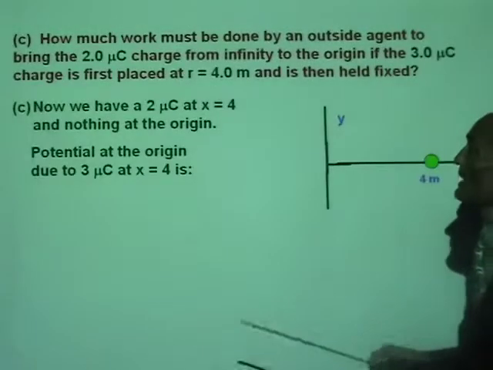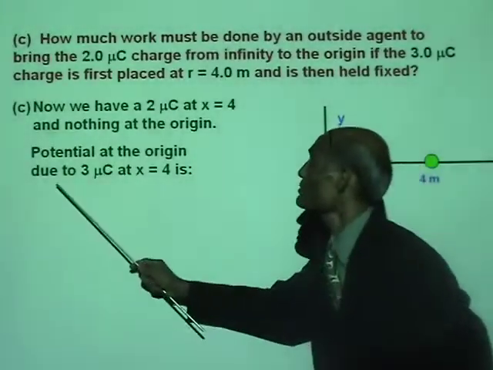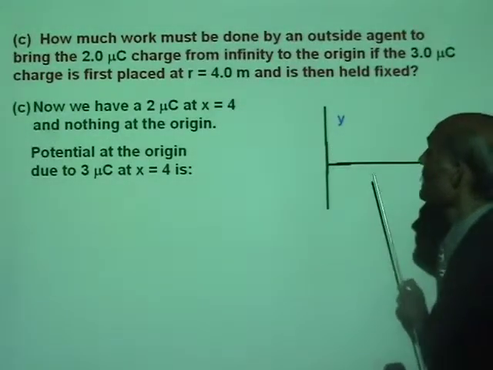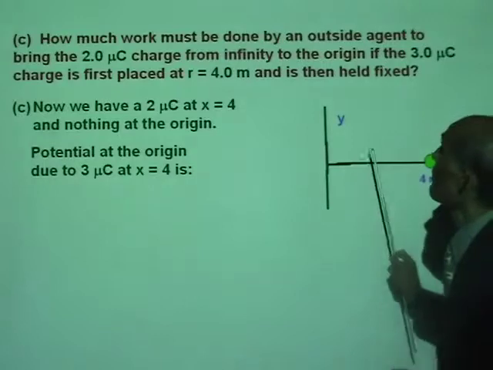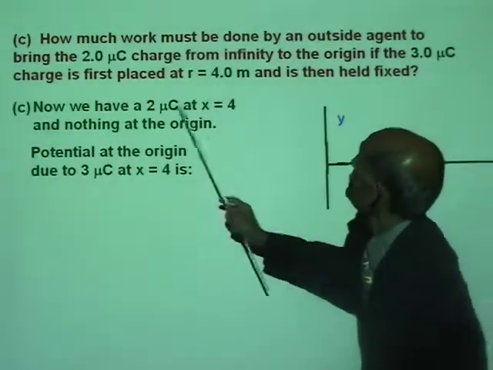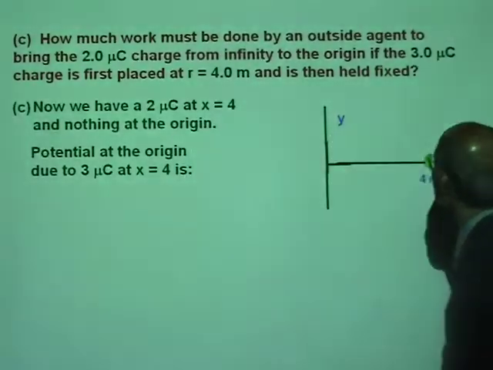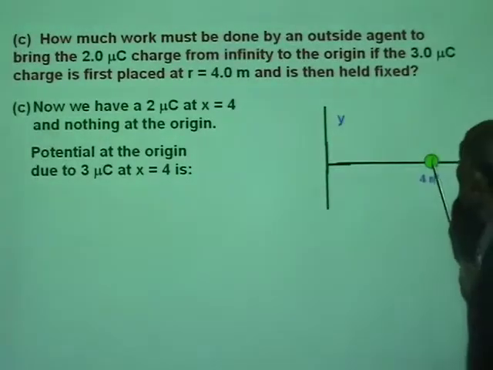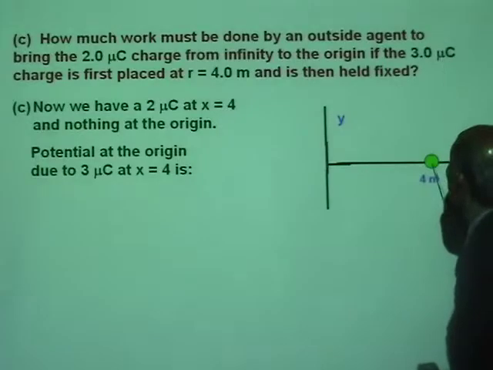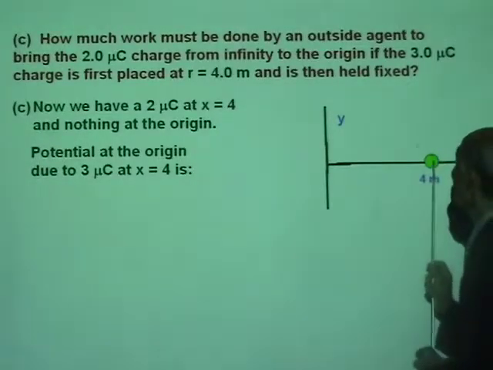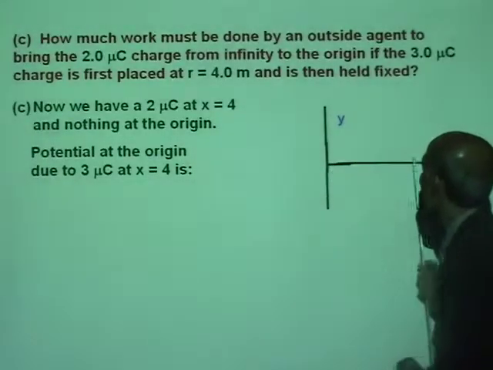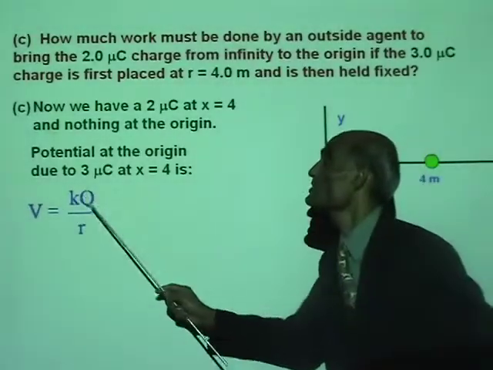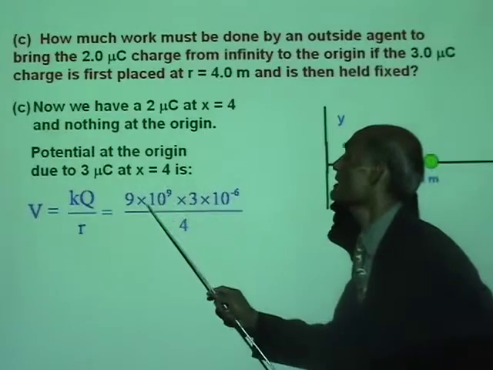Now, potential at the origin due to the 3 microcoulomb at x equal to 4, well, this is not the 2. This is the original 3 microcoulomb that is sitting there. Alright? So correct that. Now, what is the potential at the origin due to that 3 microcoulomb? V equal to kq over r.